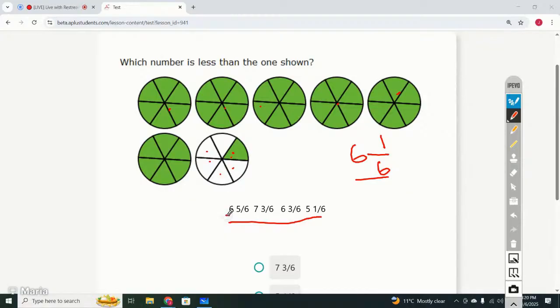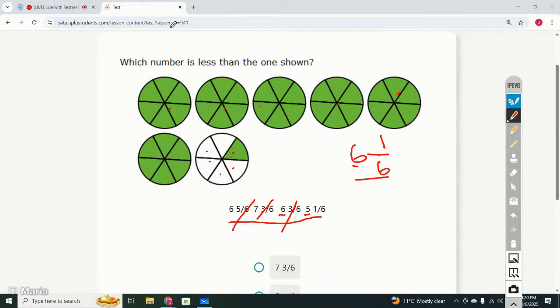So look at their whole numbers, 6 and 6. Their whole numbers are equal. Skip them, right? Now look at the second one, 7. 7 is greater than 6, leave it. We need to find the number that is less than 6 whole 1 by 6. Now the next one is again 6, they are equal, leave it. 5 is less than 6.